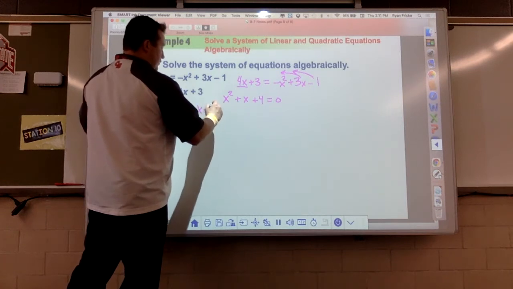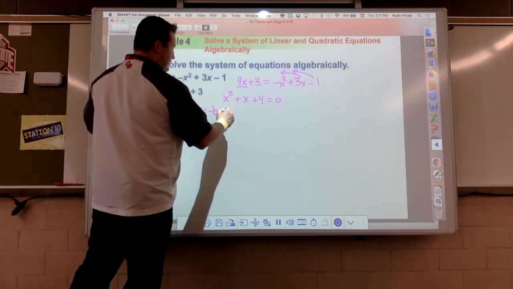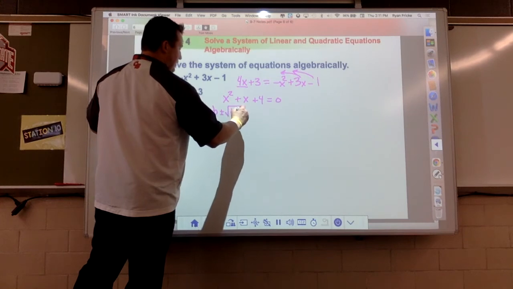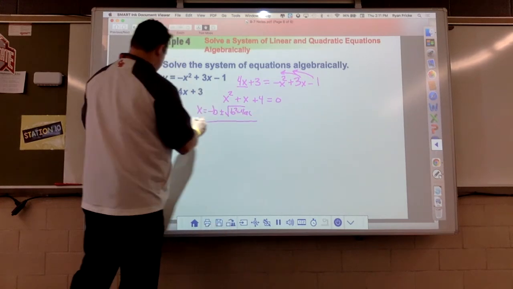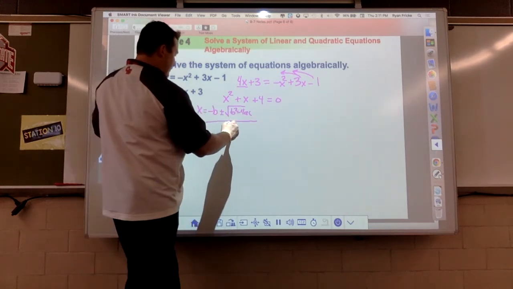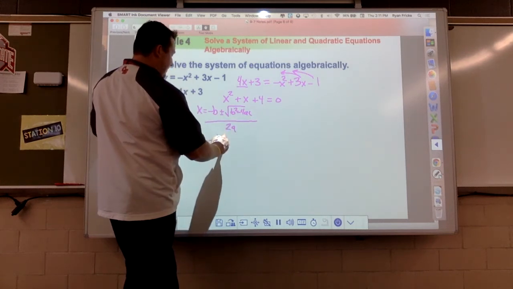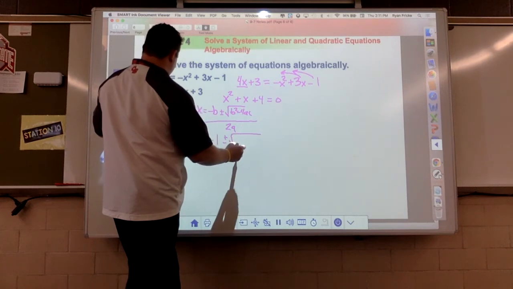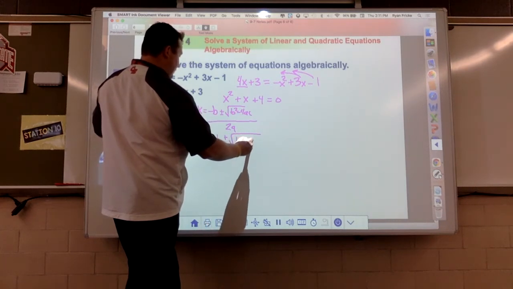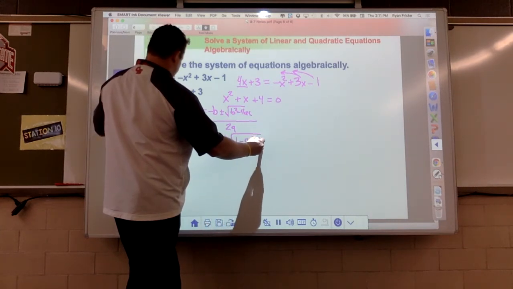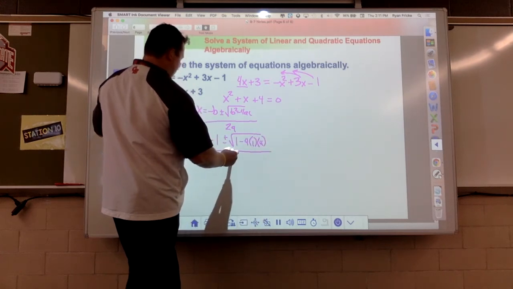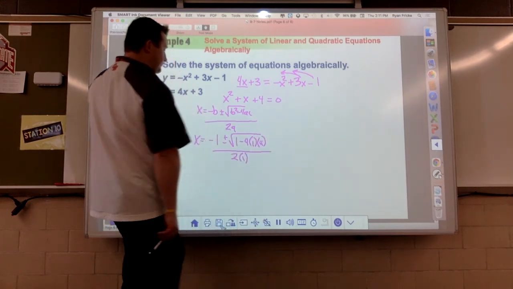x equals the opposite of b, plus or minus the square root of b squared minus 4ac, all over 2a. I think bad things are going to happen here. So the opposite of b is negative 1. b squared is 1 minus 4 times a times c, all over 2 times 1.